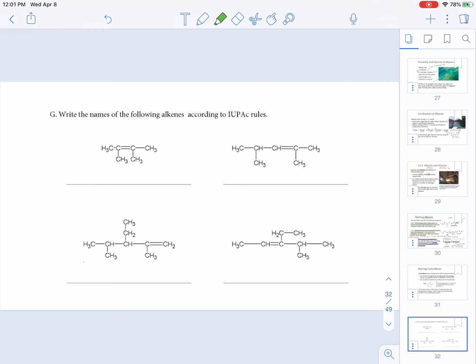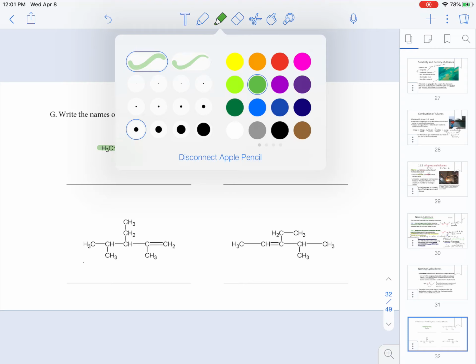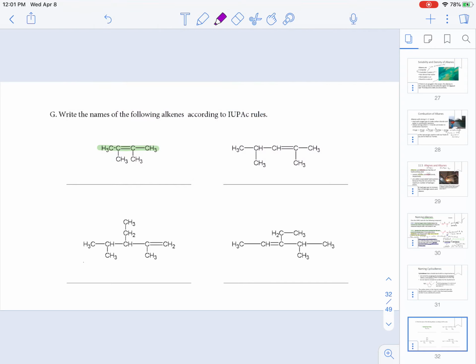In this molecule, you can select the longest carbon chain across. Another longest carbon chain that could be present, you could select this one. Regardless of the one that you select, it will give you the same answer. That's why both of them could be selected as the longest carbon chain. So I'm going to go with the first one.